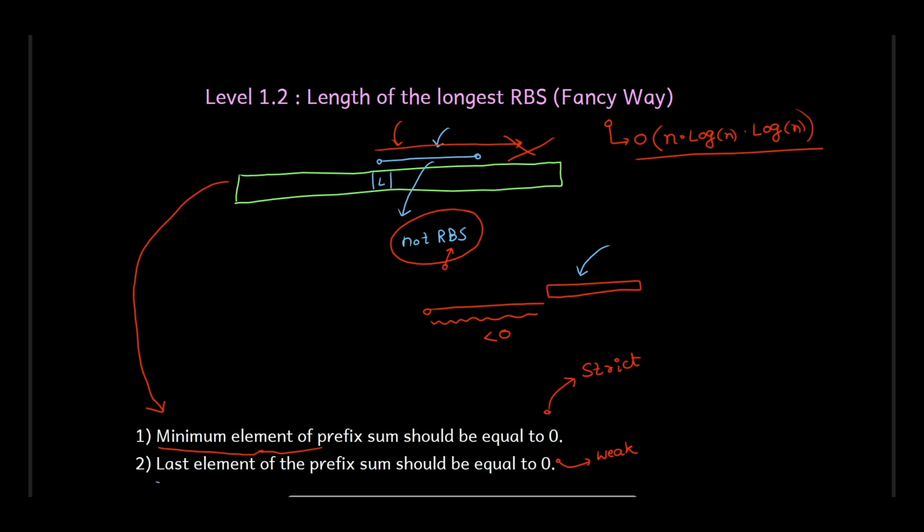But this condition that you just saw, that the last element of the prefix sum should be equal to 0, is not a strong condition, because as long as nobody has violated the other condition, if their prefix sum has not fallen to smaller than 0, then the prefix sum could be, suppose it is 5.